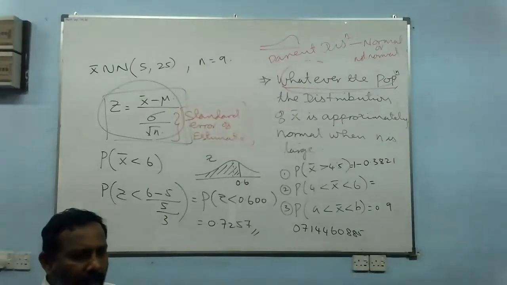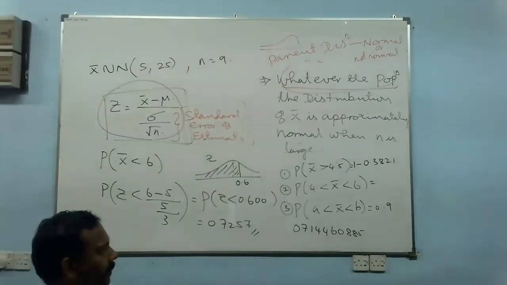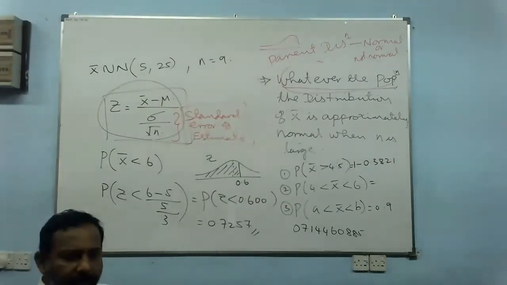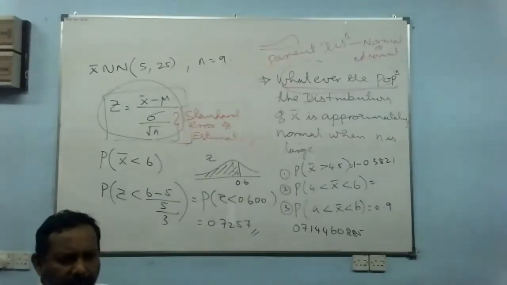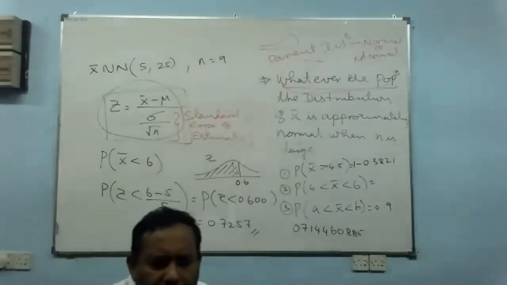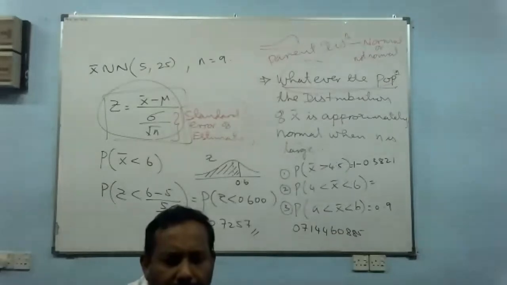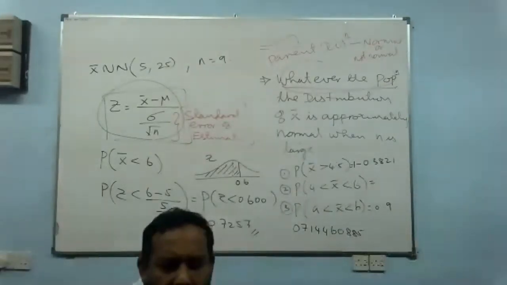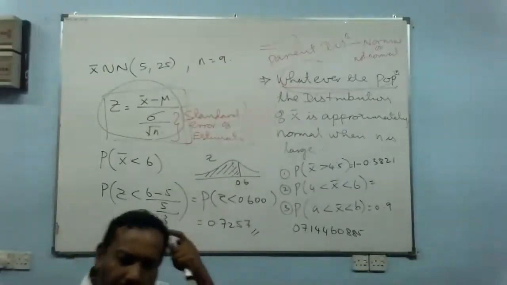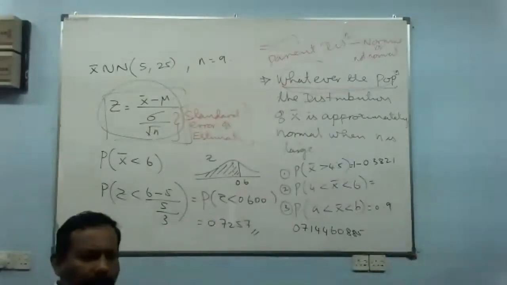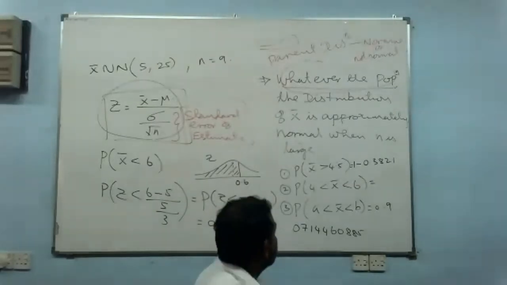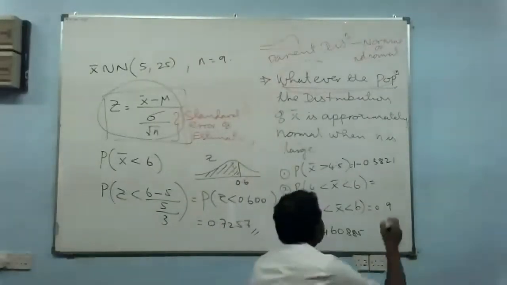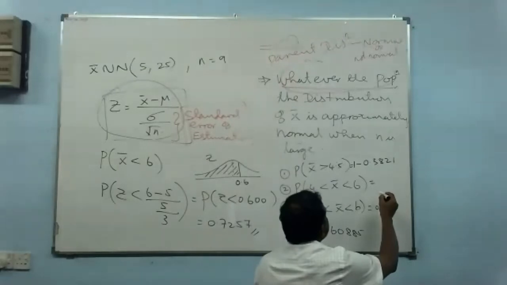Anyone got the answer for the second one? 0.2743. Bar, then 0.7257.